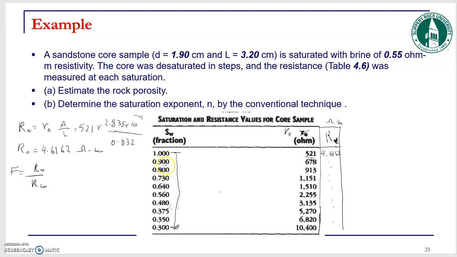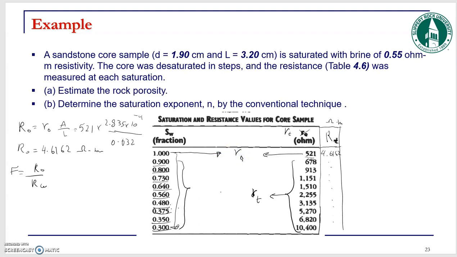Look at the saturations. Saturations are not 100%. If your water saturation is not 100%, then you're not really measuring R0, you're measuring Rt. So all these values, except the first one, are the true resistivity, Rt. The first value, however, because the water saturation is 100%, is R0.